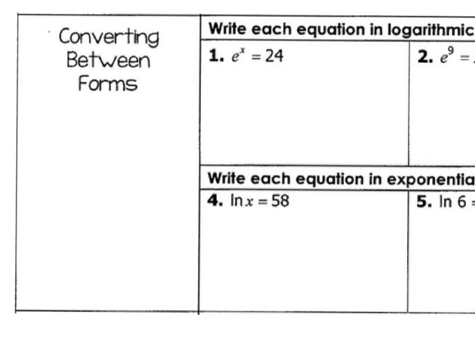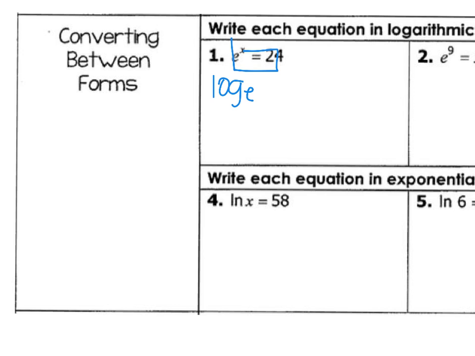If we're converting between forms, for numbers 1 through 3, we're going to write each equation in logarithmic form. We want to do the same thing we were doing before with common logs and log bases of different numbers. We're still going to do the little L trick to convert from exponential form into logarithmic form. So we would say log base E of 24 equals x.